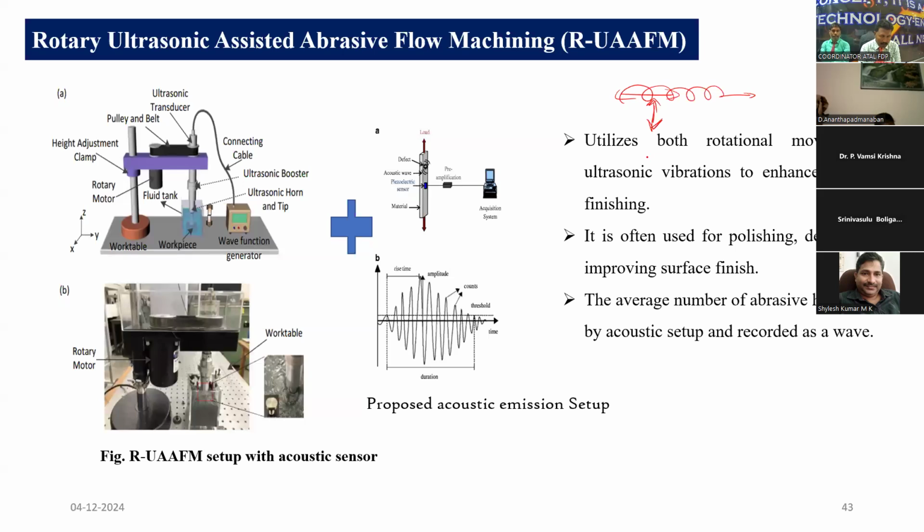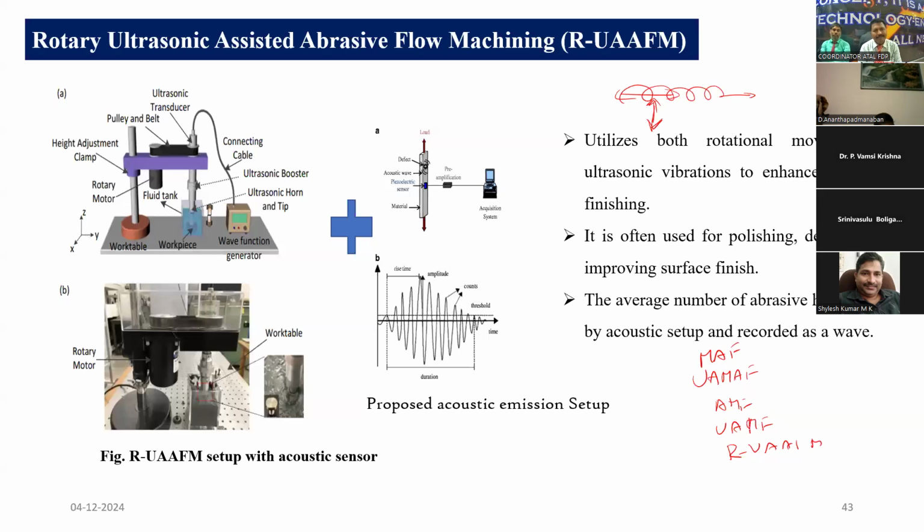So this one is still in the development stage, but the initial two processes are already developed and tested on additively manufactured components. So maybe we can use AFM or UAAFM or this one.